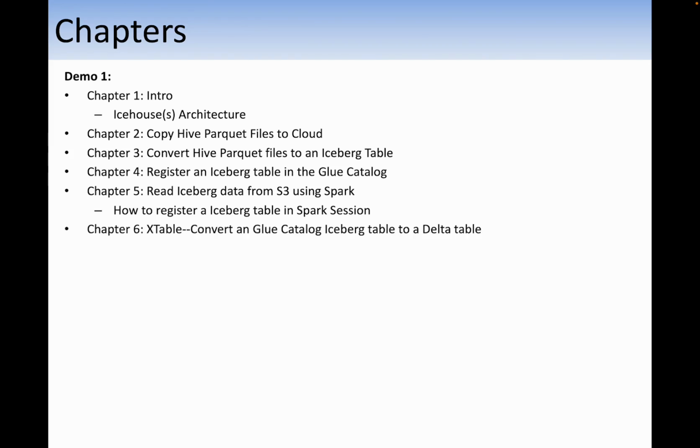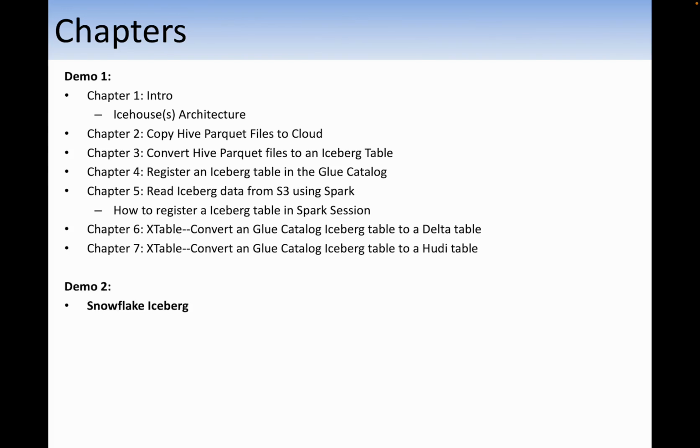Then we're going to convert the Glue catalog Iceberg table to a Delta table. So how to use the conversion process. There is also another video I have uploaded, but I will continue again because there's an end-to-end process. Then we're going to convert into Hudi too, so that you have multi-engine accessibility for your data.